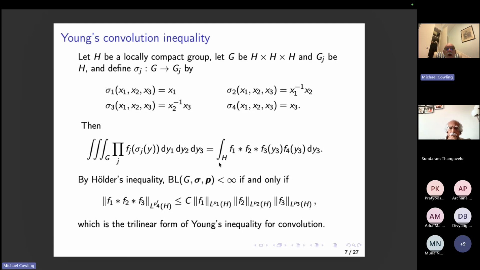But it turns out that this is the same thing as taking the integral over H, which is just any one of the G_j's, perhaps G_4, but they're all the same, of the convolution of the 3 functions calculated at some point, multiplied by the 4th function calculated at that point, and then integrated over the group.